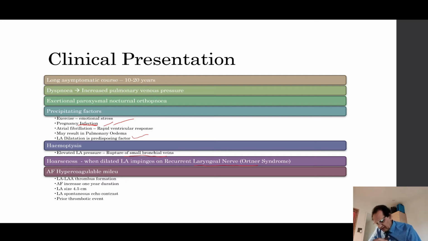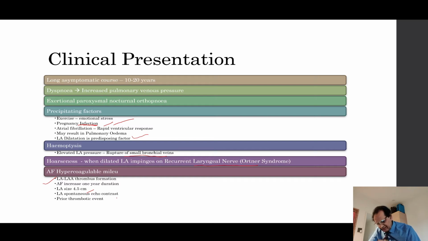So in atrial fibrillation, because of the stagnation, there may be thrombus formation in the left atrium and left atrial appendage. AF of more than 1 year duration may cause more thrombus formation. If LA size is more than 4.5, thrombus formation and distal embolization.